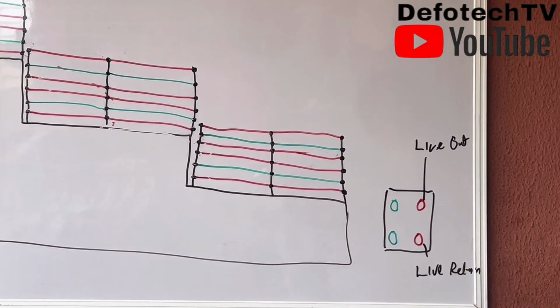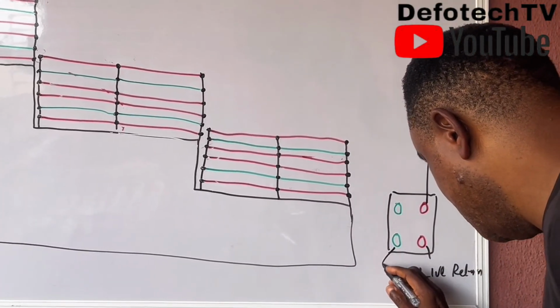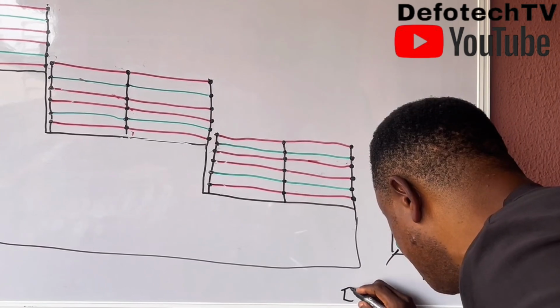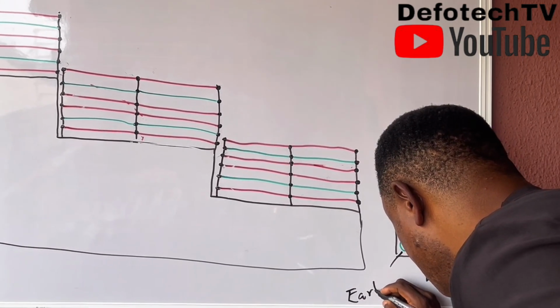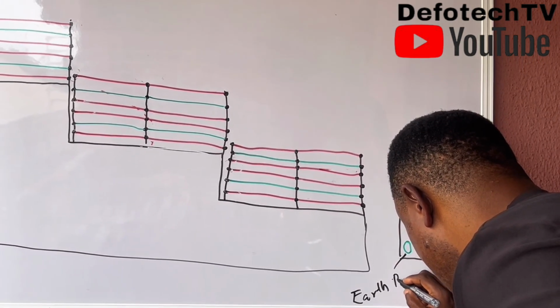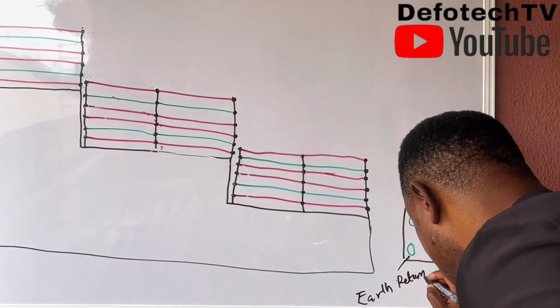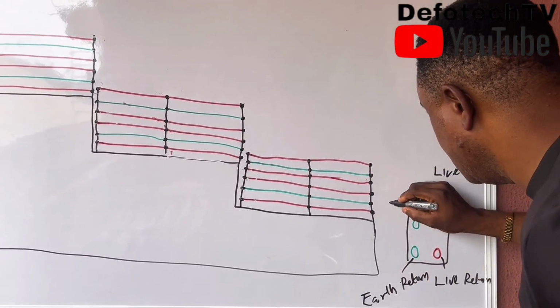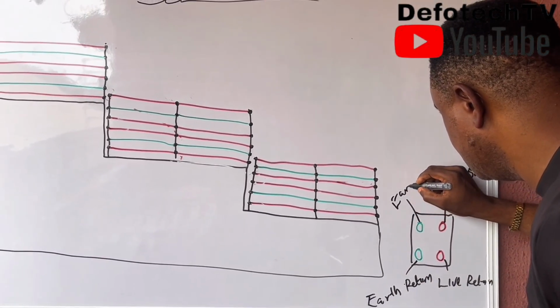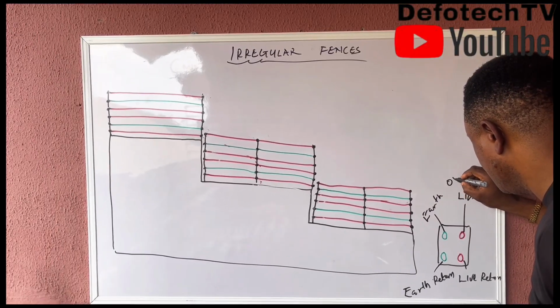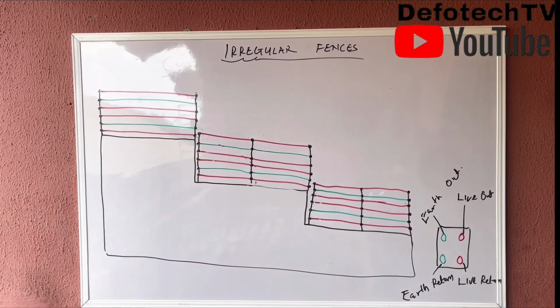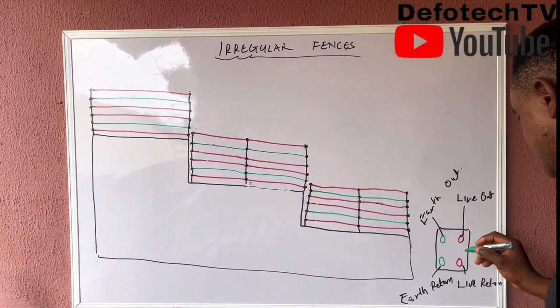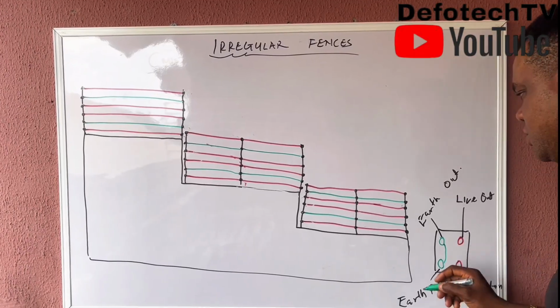These are earth out, earth return, sorry. These are earth out. All right. Now, let's say it comes pre-looped.